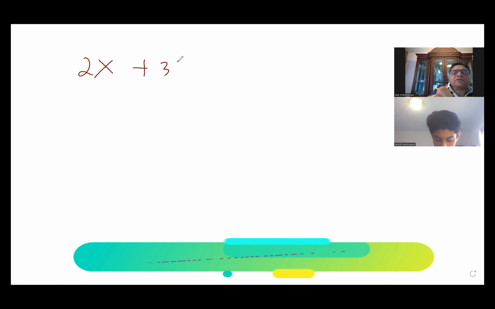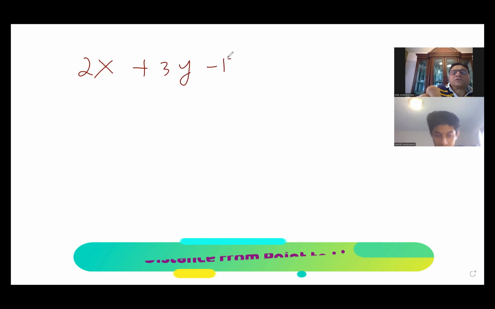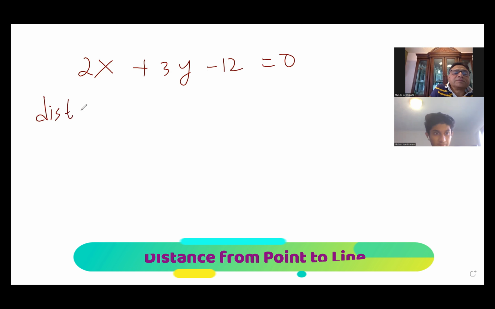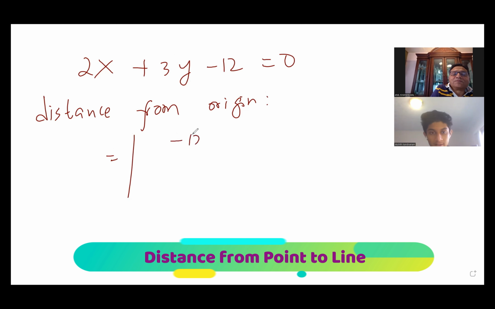So let's say some equation 2x plus, let's say 3y minus 12 equals to 0. Now, can you find distance from origin? Yes, sir. We can just use the formula, the one we just spoke about. If it's from the origin, then our point would be 0, 0, so that would be our x1, y1.